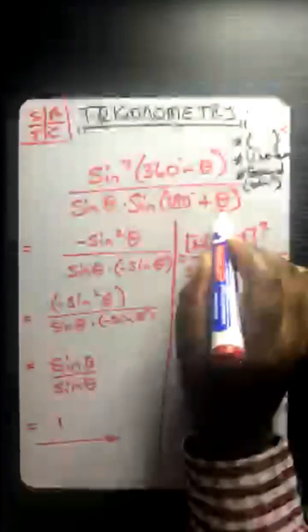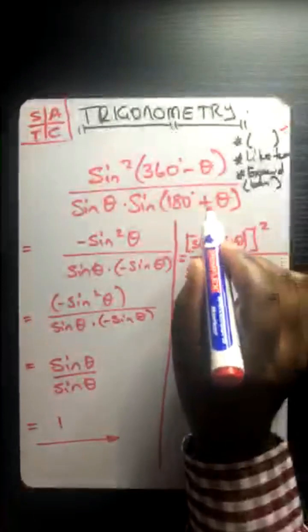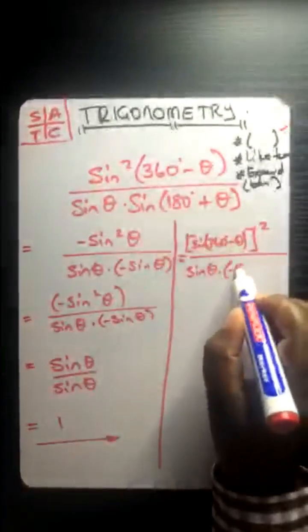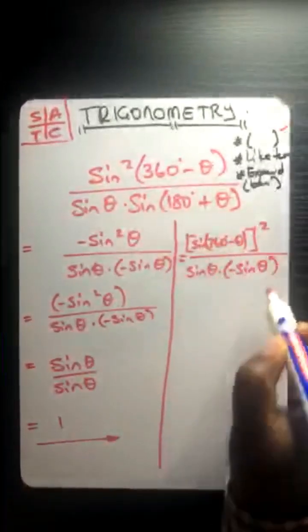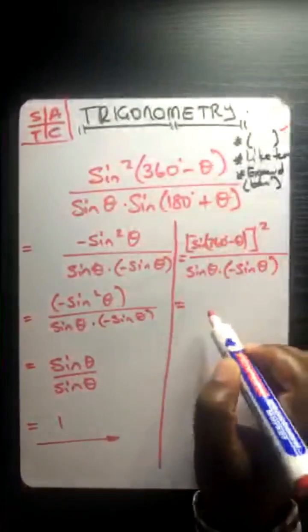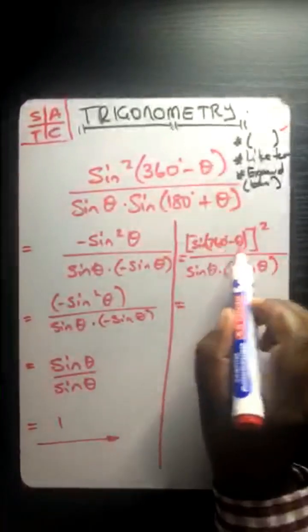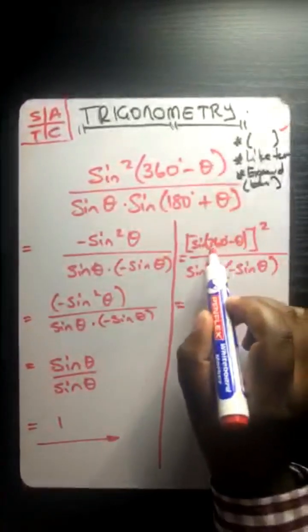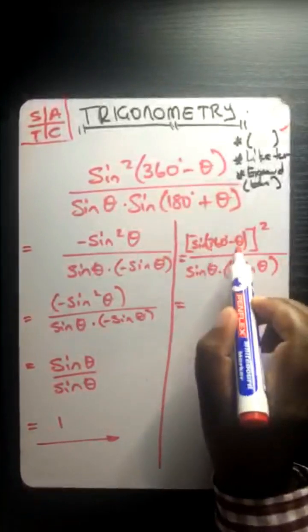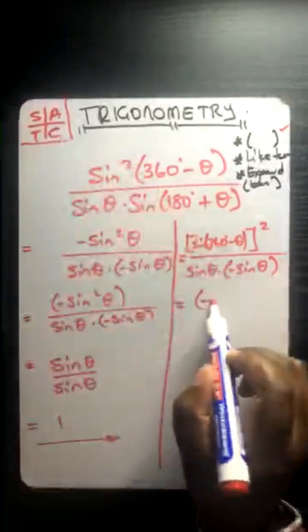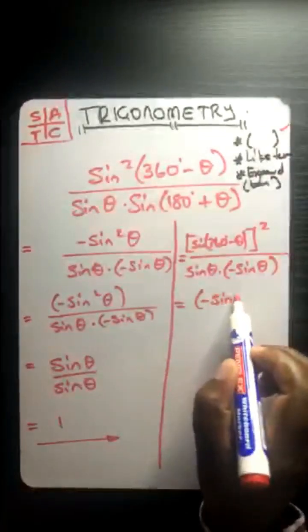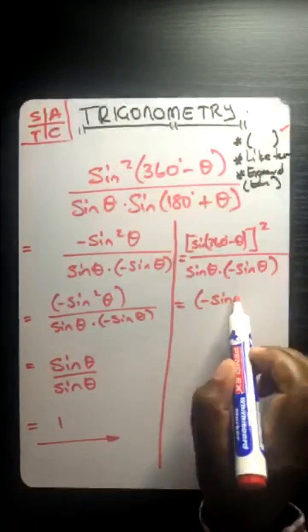This thing falls in the third quadrant, and in the third quadrant, that is negative. So you are having negative sine of an angle. So now you reduce this one. When you reduce this one, in which quadrant? Fourth quadrant. This is negative. So that means you have negative sine of an angle.